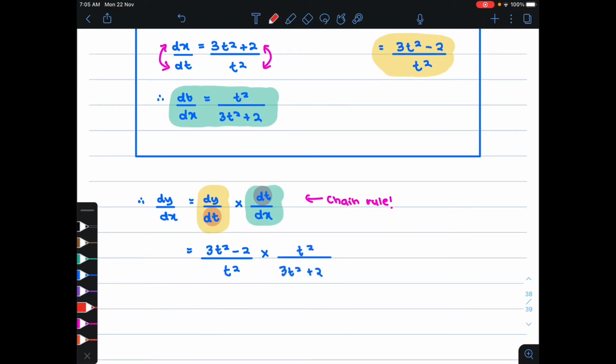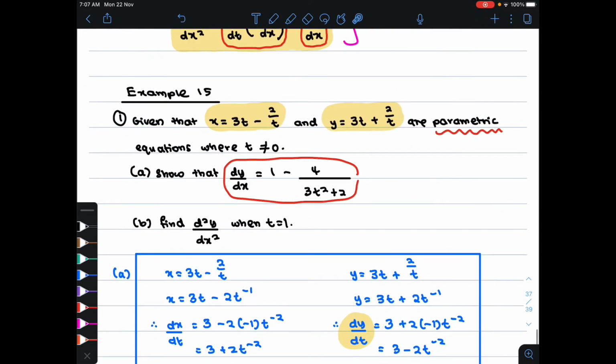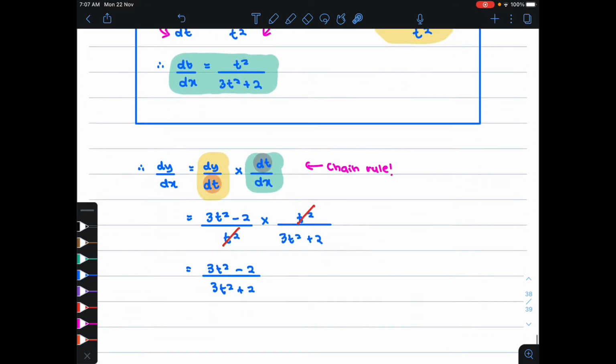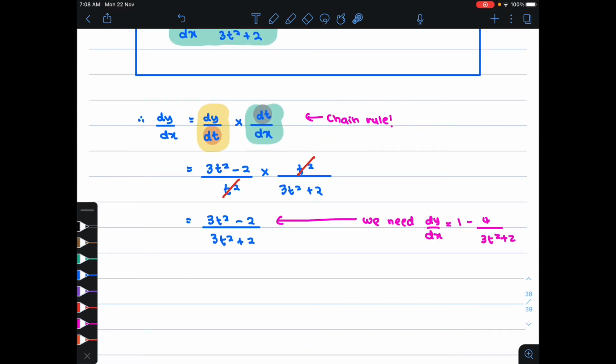And note that we can cancel out t squared, which will leave us with 3t squared minus 2 divided by 3t squared plus 2. But if we look at our question, we need to show that dy/dx is 1 minus 4 over 3t squared plus 2. But we have this expression. So we need to change this so that it will get this answer. And to do that, you need to do the long division.